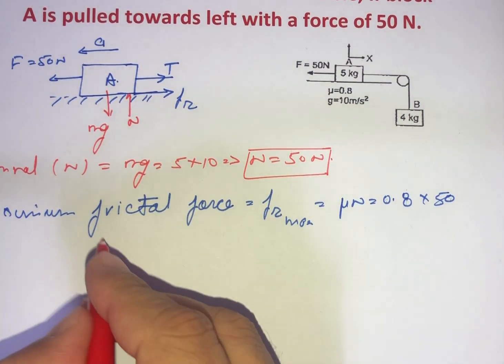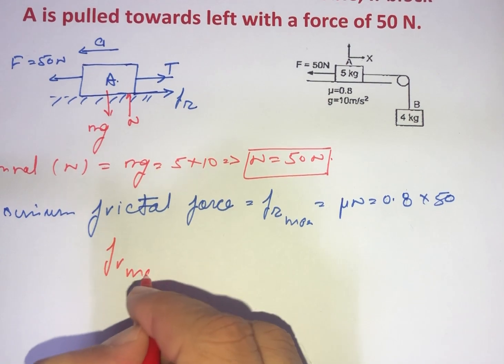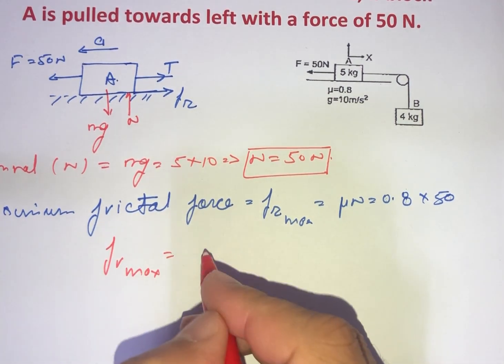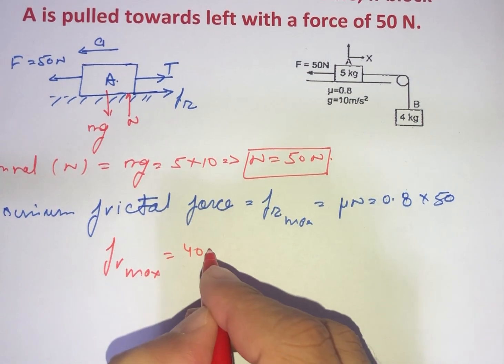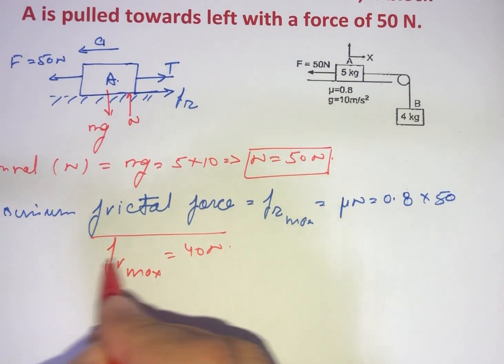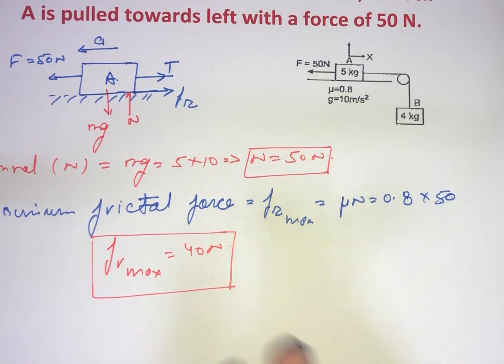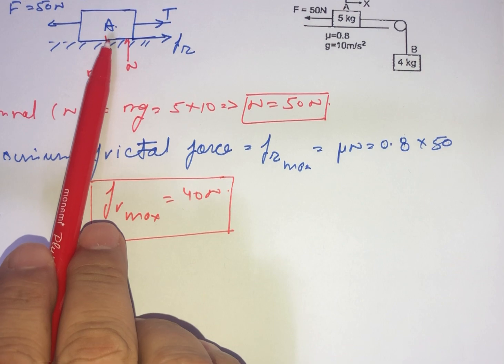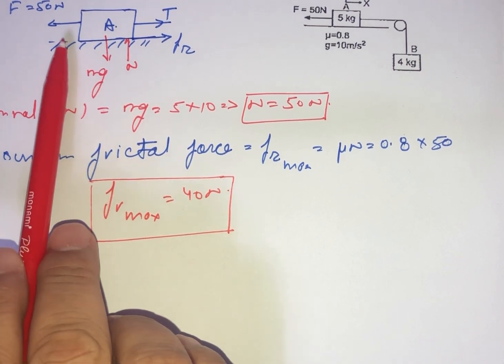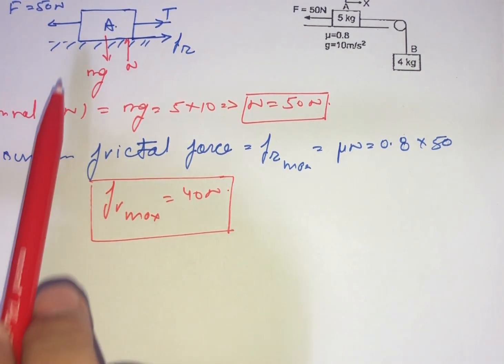So maximum force of friction Fr max will be equal to 40 Newton. So this is the maximum value of the friction that can be if the body A moves with the acceleration a towards our left side.